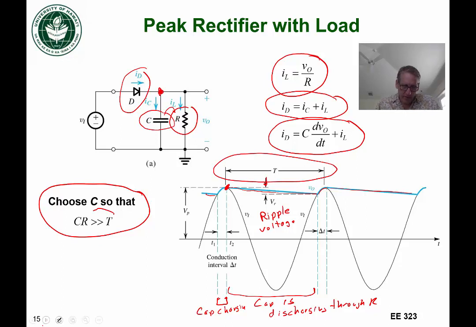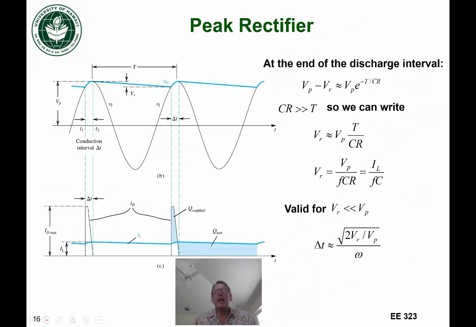And so we can further quantify this, and we can actually calculate what this conduction interval is. We can calculate the conduction interval, and we can calculate what the voltage ripple VR is based on some pretty simple assumptions. So let's look at the end of the discharge, at this point here.